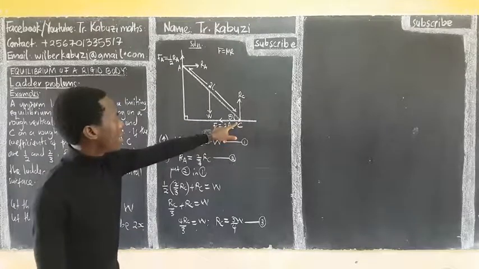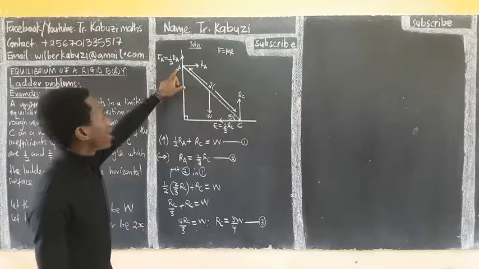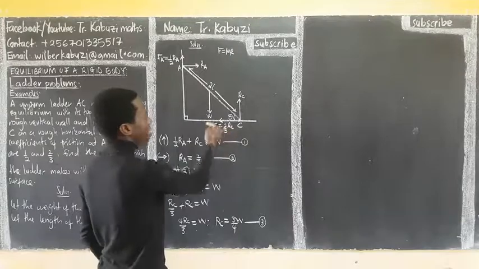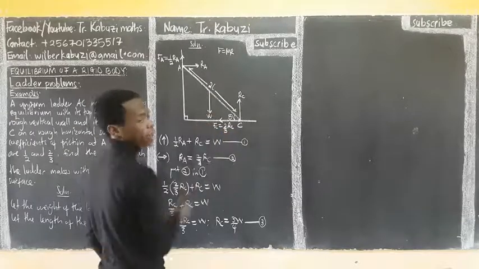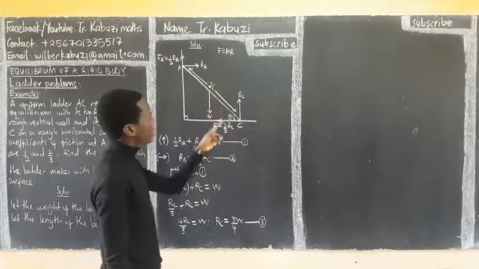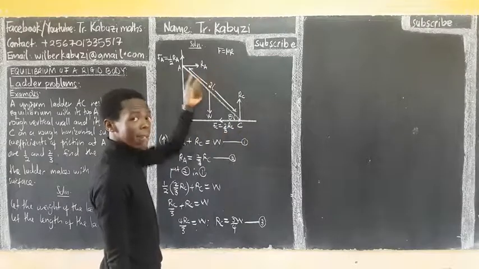You see, this one is having 2 forces, also this one is having 2 forces. So we can take either here or here. But this one is easier because it's easier to get the vertical distance and then the horizontal distance. So it's always better to take moments here because with this force you can easily get the perpendicular distance. Taking it here, you can get it, but it's a bit harder.